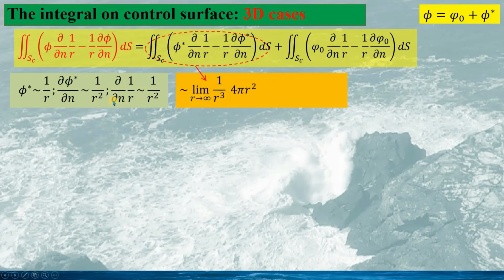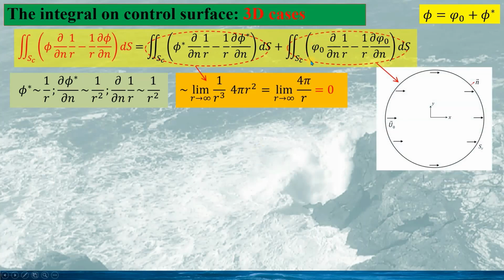So if we consider this integral, we can see the integrand would be proportional to 1 over r cubed, while the surface integral would be roughly proportional to 4 pi r squared. Thus, in the limit when r is infinite, the integration would be 0. Thus, this term is 0.